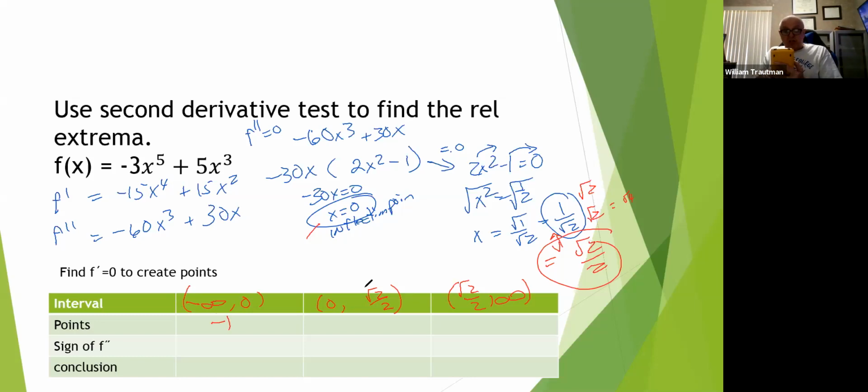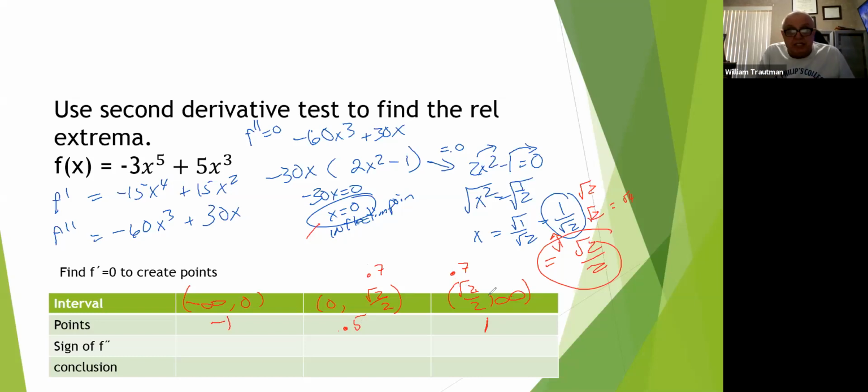Just to show you, the square root of 2 divided by 2 is 0.7. So I can do a test point between 0 and 0.7. Let's do a test point at 0.5. And then from 0.7 to infinity, I can do a test point at 1.